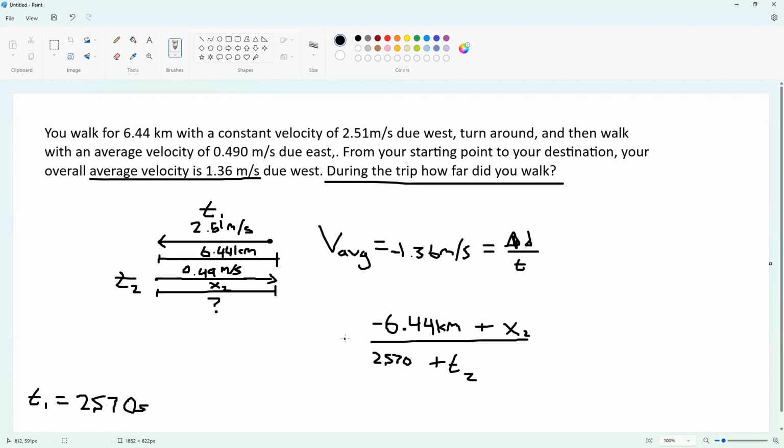Okay, okay. What did you say? Oh wait, we'd have to use the 0.49 meters per second. 0.49.